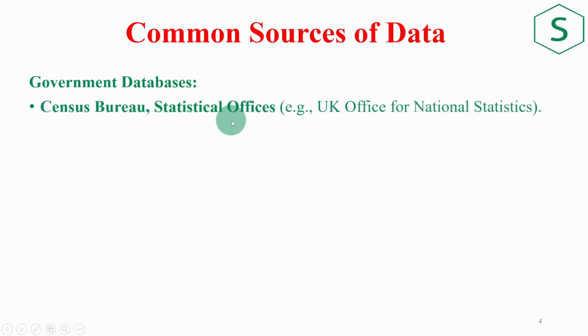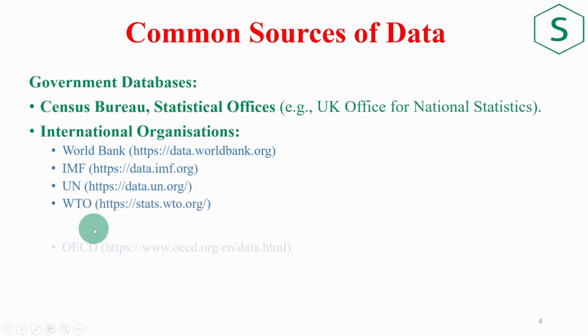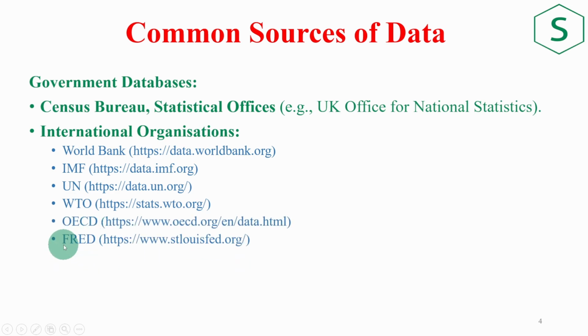There are some common sources of data. We have the government databases, which include the Census Bureau and statistical offices like the UK Office for National Statistics. We have international organizations, which include the World Bank, IMF, United Nations or UN, WTO, OECD, Federal Reserve Economic Database.